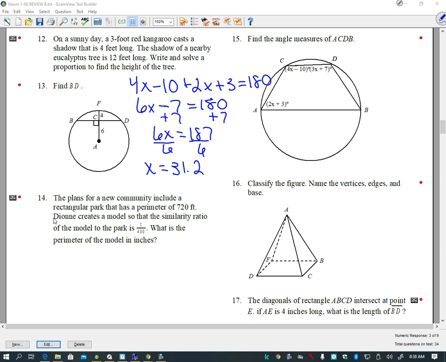X equals what? 31.2. Okay. And let's do some testing here. So that would mean that C is 4 times 31.2 minus 10. Give me 114.8 degrees. What's the answer for C in our answer key? 126. So we did something wrong, right?